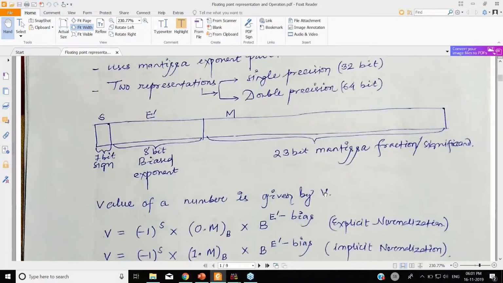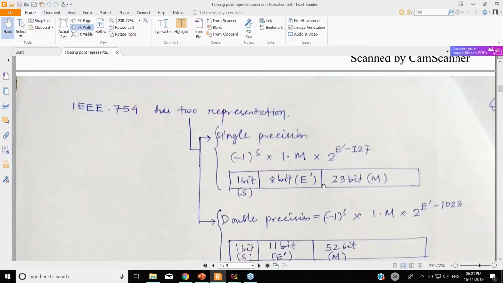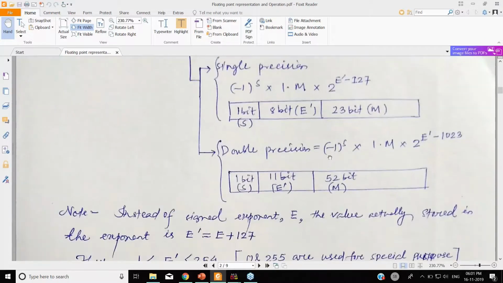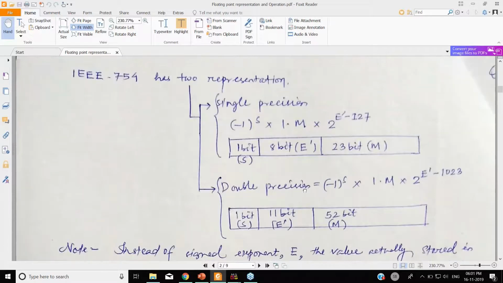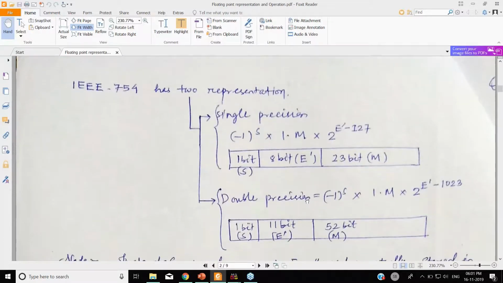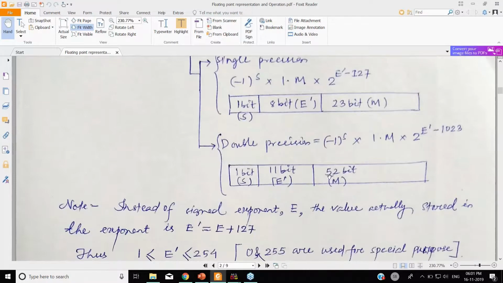But if you take it to the division of 64-bit, it will look like this. There will be a 52-bit fractional part, 11 bits for exponent, and 1 bit for sign.